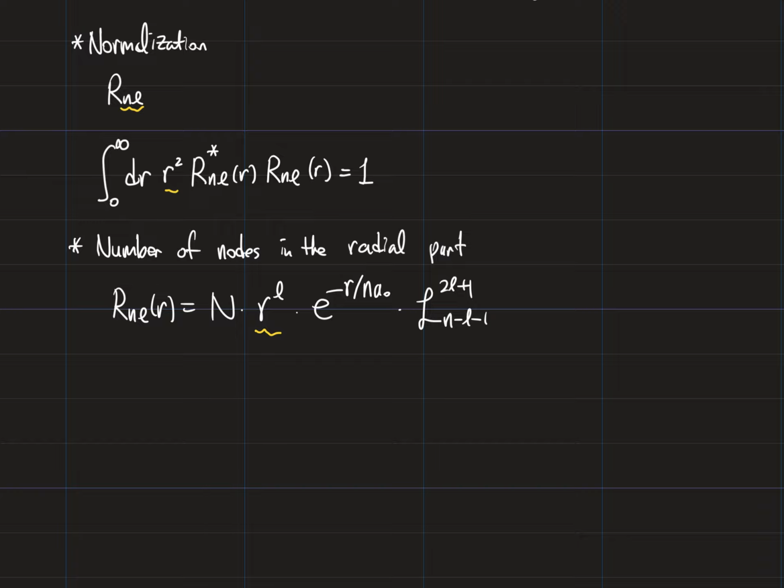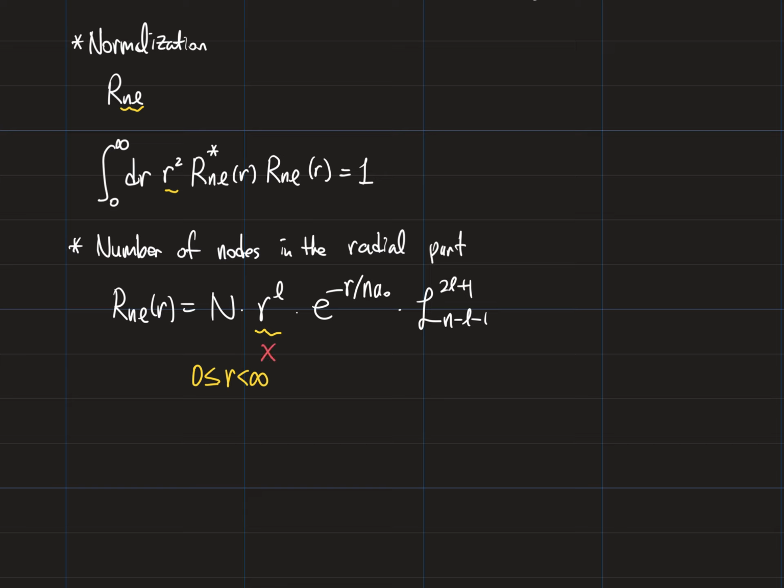Does this function become 0 for r from 0 to infinity? This is just an increasing function from 0 to infinity, so there is no 0 in between, right? So there is no node from r to the l.